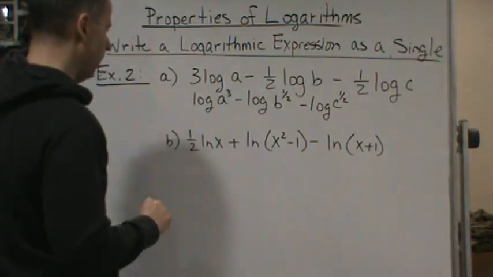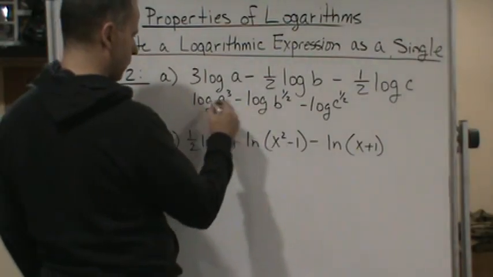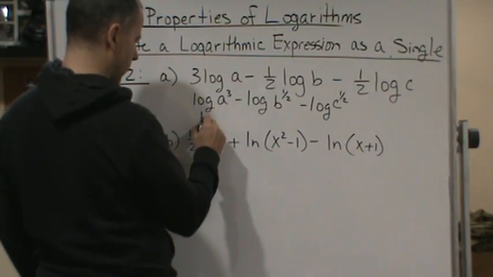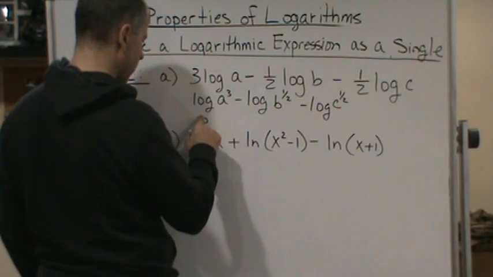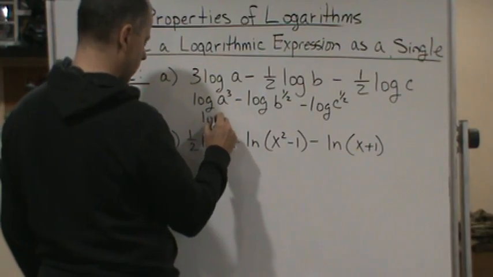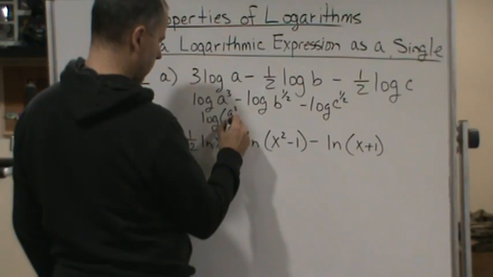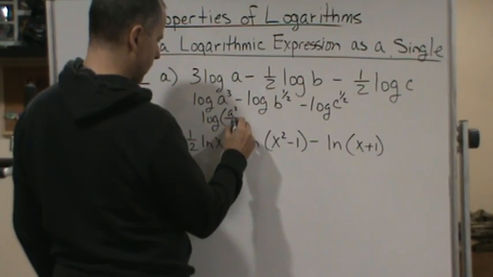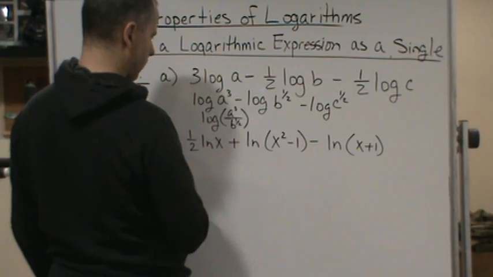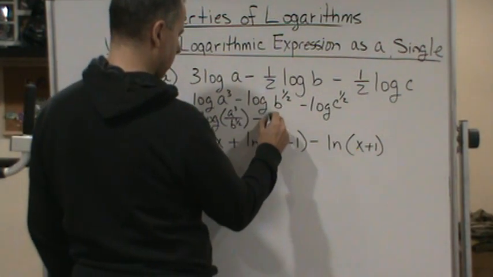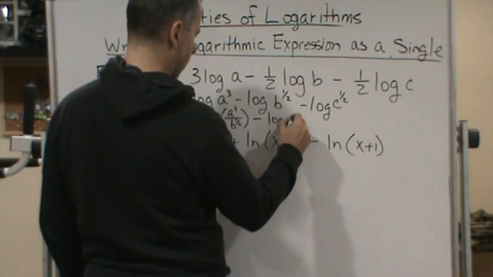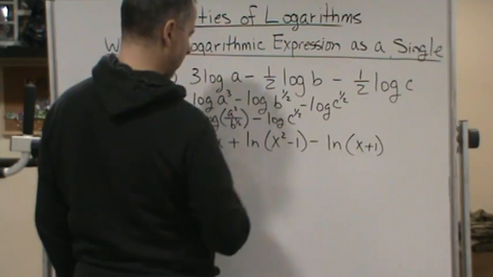Okay, and then I'm going to deal with these two. So this is going to be log of what? This is going to be a cubed divided by b to the 1/2, minus log of c to the 1/2 power.